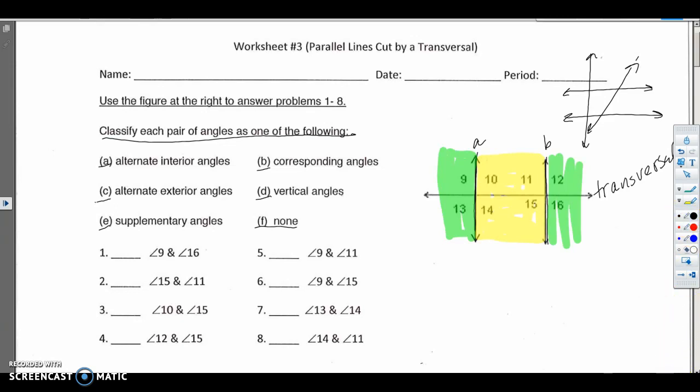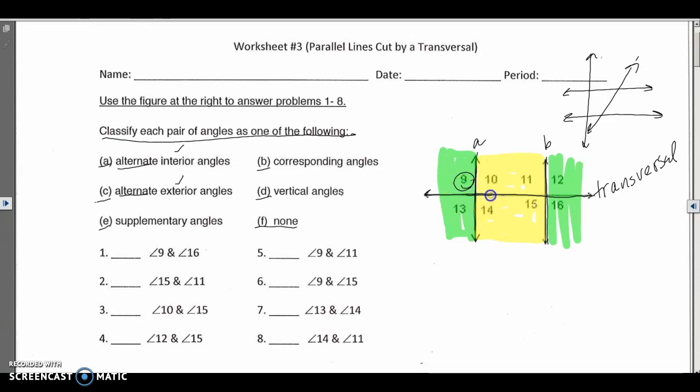So that takes care of interior and exterior, but what about this alternate? Alternate means it's going to be the alternate side, or the other side, of the transversal. If this is our transversal right here, for example, angle 9 is on the top of the transversal on the outside, so that is an exterior.